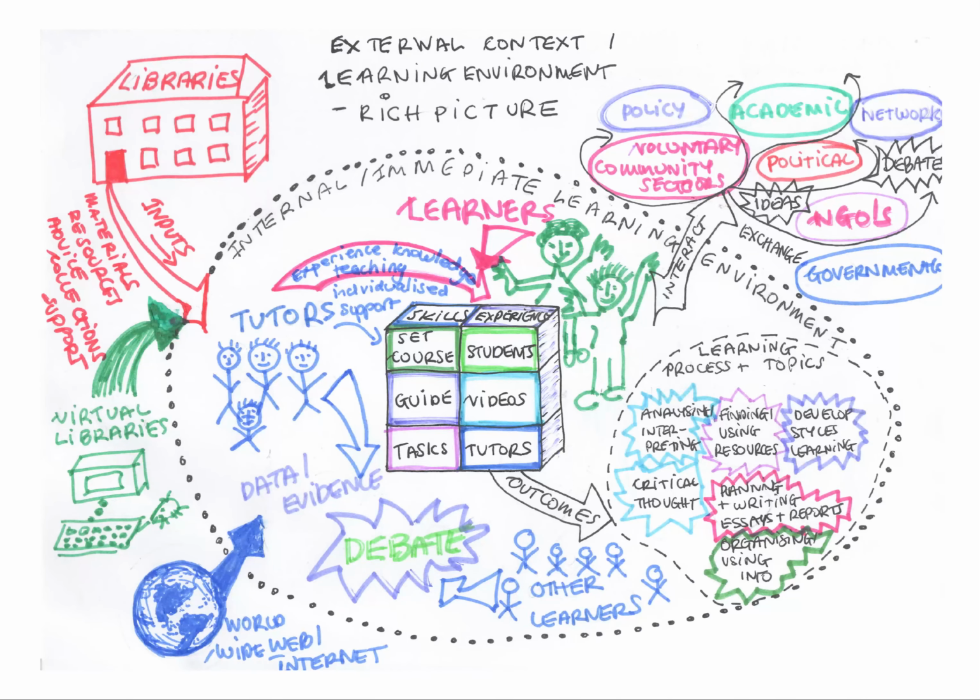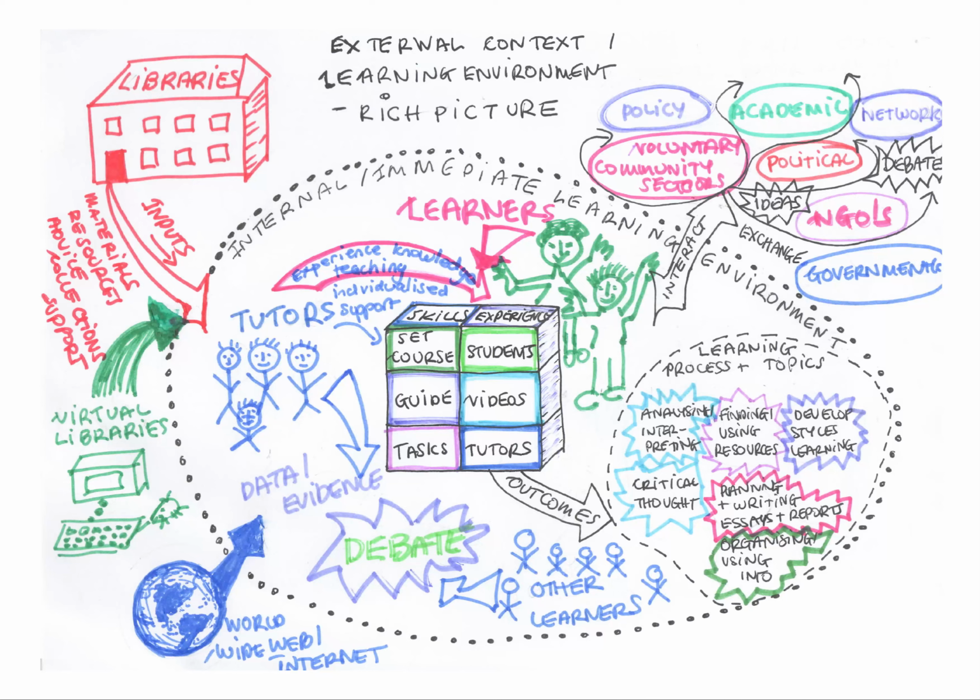So here you've got a rich picture which basically represents what's happening within this course. So you've got the exterior learning environment and context within which you've got various elements like academic networks, governments, political, activist, policy. These are all elements of the environment that can interact to enable connection that can then feed into the learner's experience.